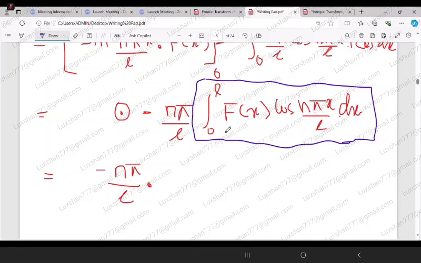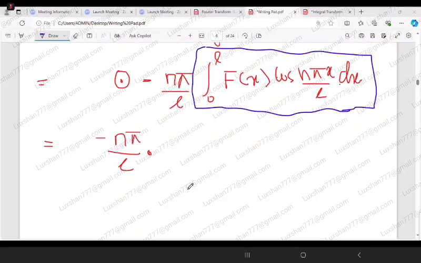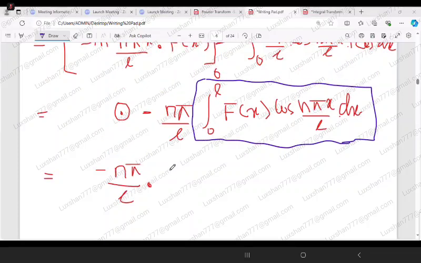Look at the thing. Fx into cos n pi x over L. What is that? Yeah, Fourier cosine. So that is finite Fourier cosine transform of fx.